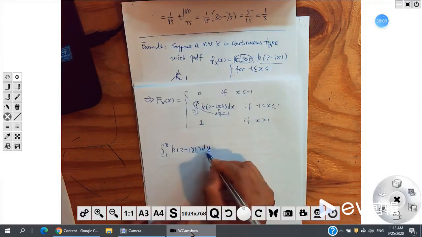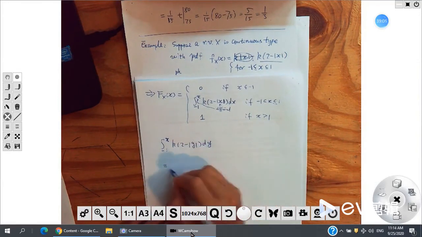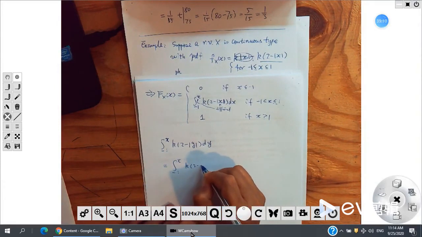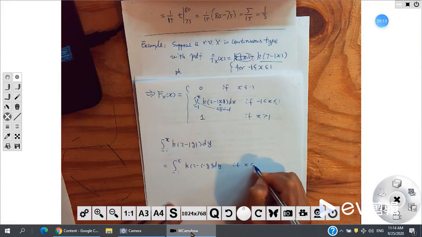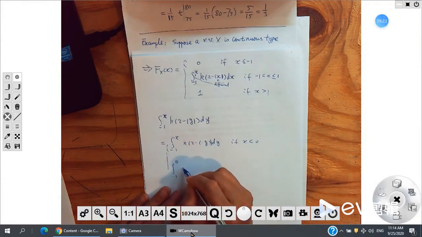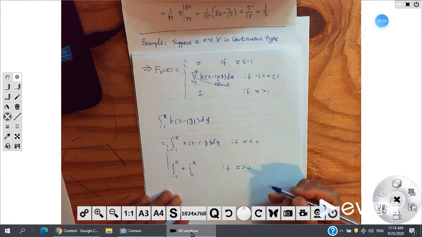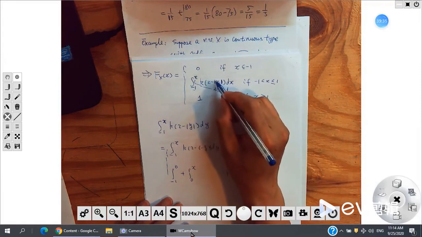So this is y, and I need to calculate from negative 1 to x, k times 2 minus the absolute value of y, which should be negative y, dy, if x is negative. And it will be negative 1 to 0 plus 0 to x if x is positive. I separate because the formula is different on the positive side and the negative side.